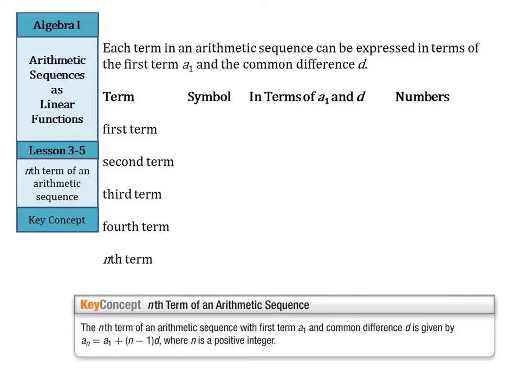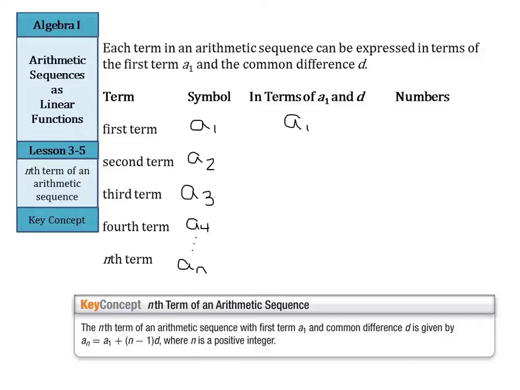Again, our first term here we can write as a1, which makes our second term a2, our third term a3, our fourth term a4, and then our nth term will be an. Now, in terms of a1 and d, with a1 being our first term and d being our difference, well, the first term is just the first term. We're not doing anything there.